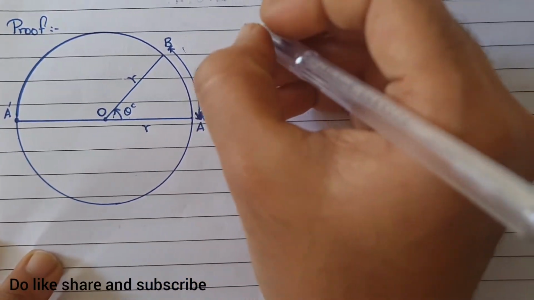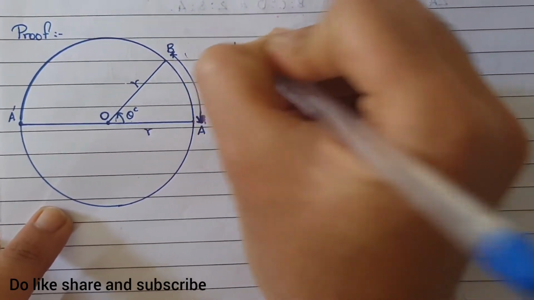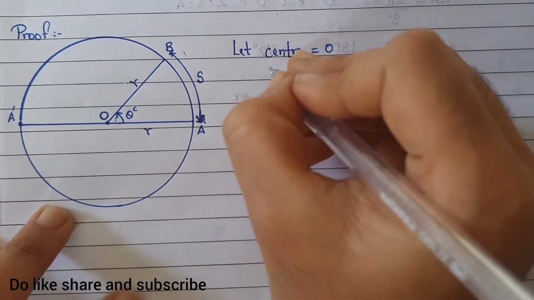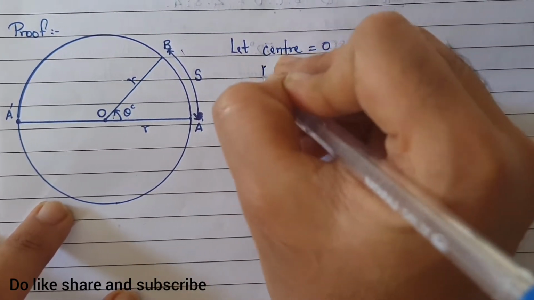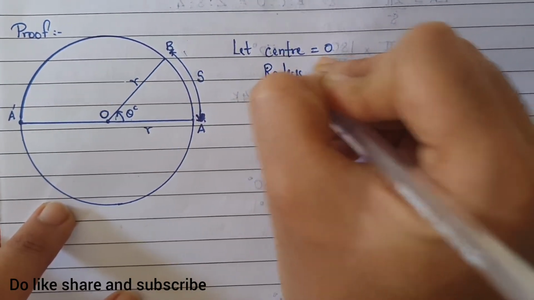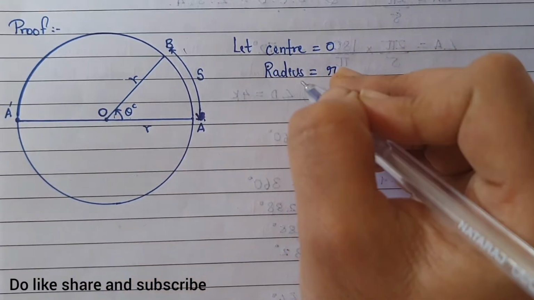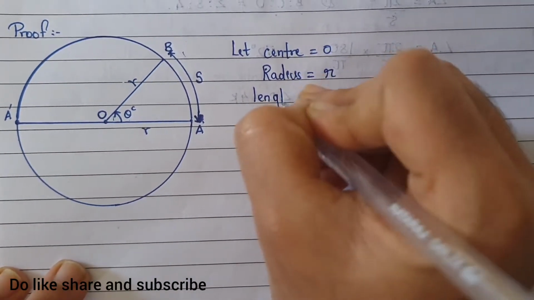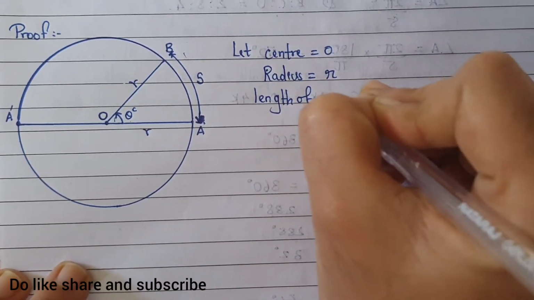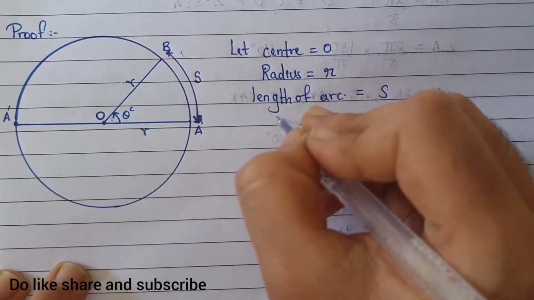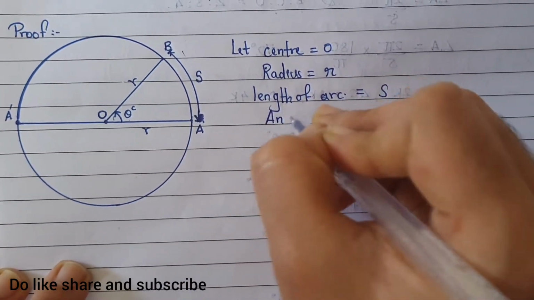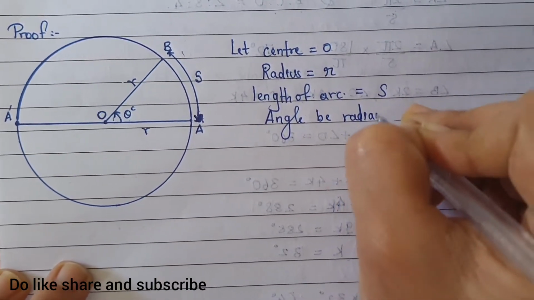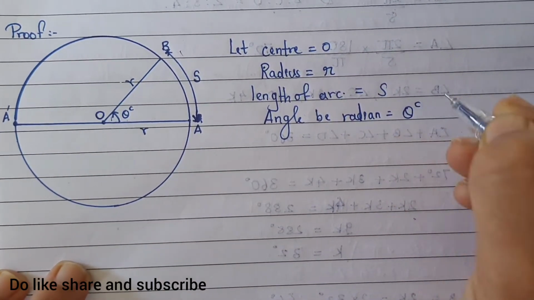So let us assume that center is equal to O, radius of the circle is equal to r, and length of arc is equal to s, angle being radian, that is equal to theta radian.